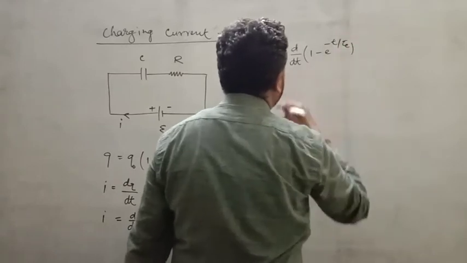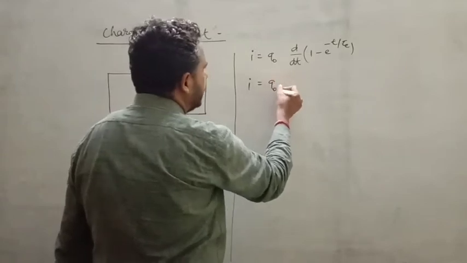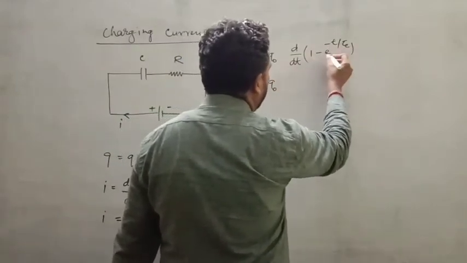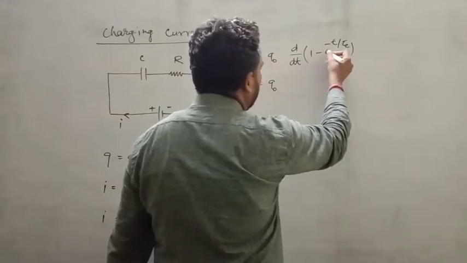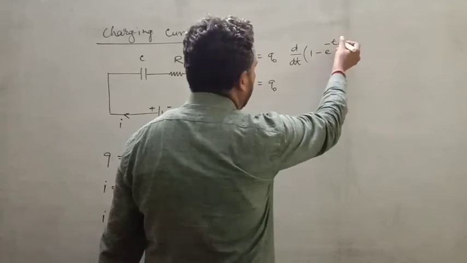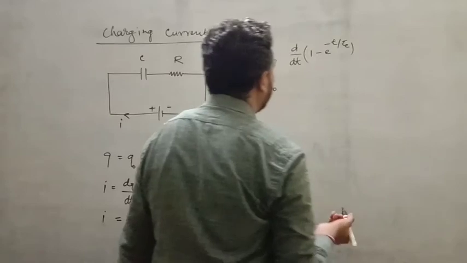Now you can see that the differentiation of 1 is 0, and the differentiation of e to the power x is just e to the power x.